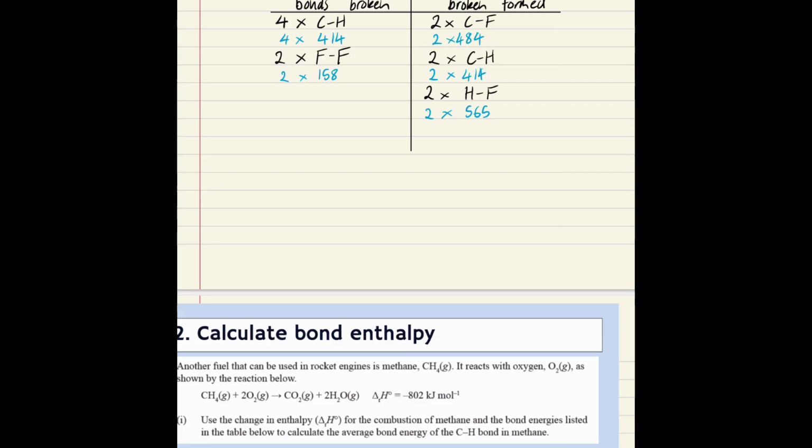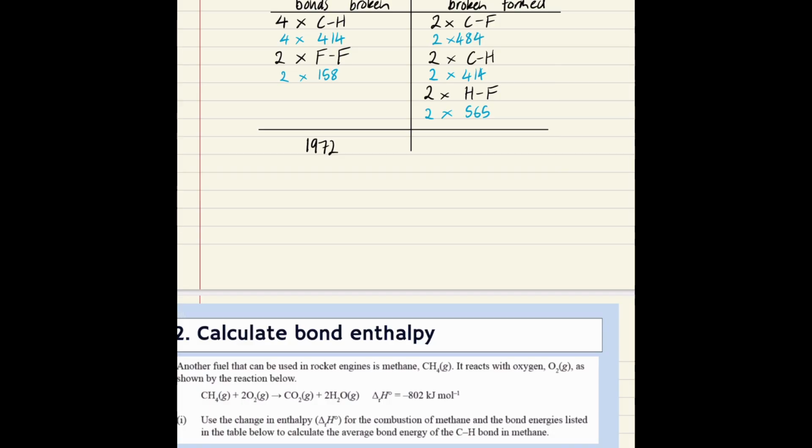What I am then going to do is sum all of those up, so that I'm left with the sum of the bonds broken and the sum of the bonds formed. So 4 times 414 plus 2 times 158 is a total of 1972 kilojoules per mole.